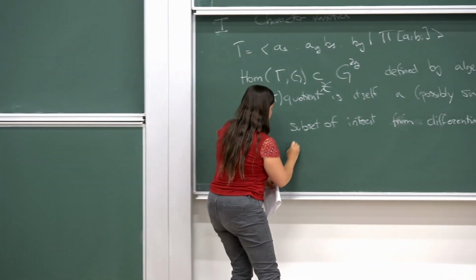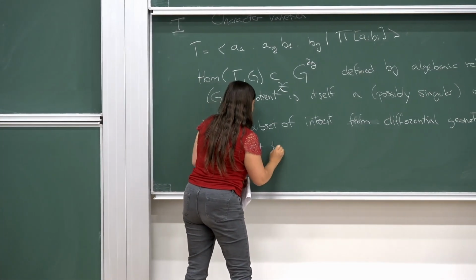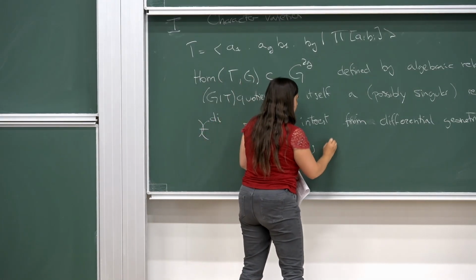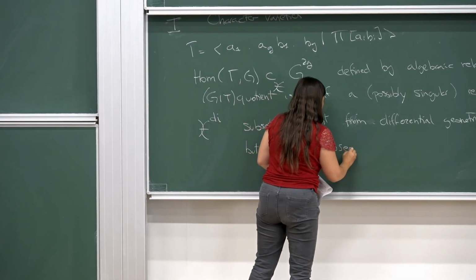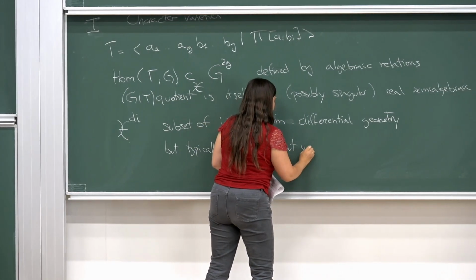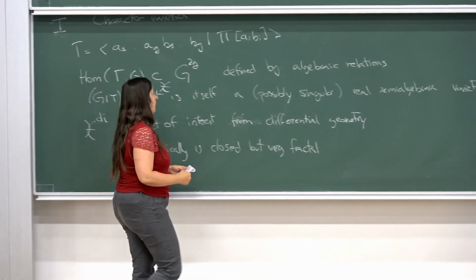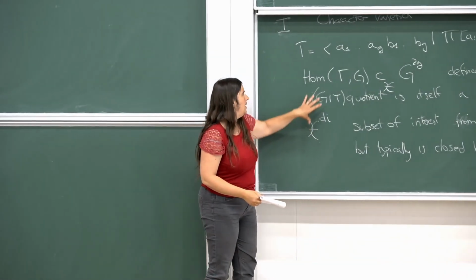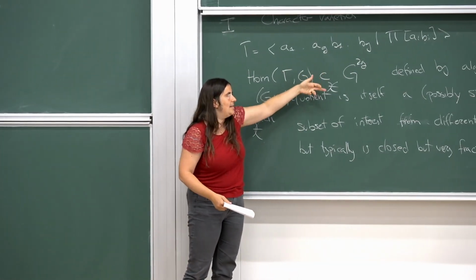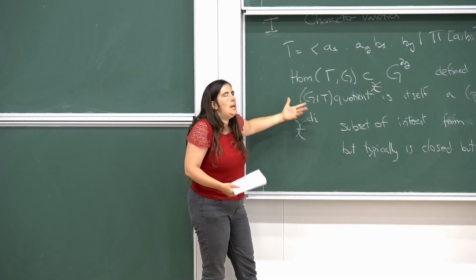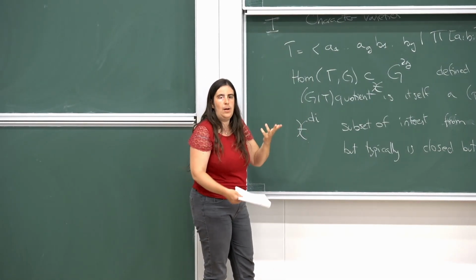Typically, inside this character variety, which has a nice structure, the set of injective homomorphisms with discrete image is a closed set but very fractal, with fractal boundary.